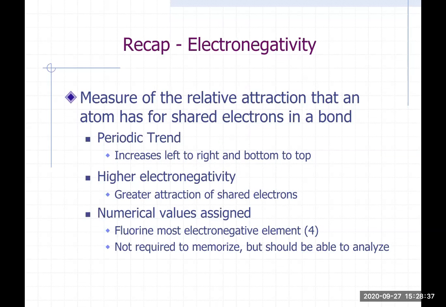So just to recap, electronegativity, remember, has this periodic trend that increases from left to right across the periodic table, and bottom to top. Fluorine has the highest electronegativity of any element on the periodic table with a quantitative value of 4. I didn't ask you to memorize all of the electronegativity values on the periodic table, and I won't ask you to memorize them, but there are a few numbers I will ask you to memorize in terms of bond polarity.